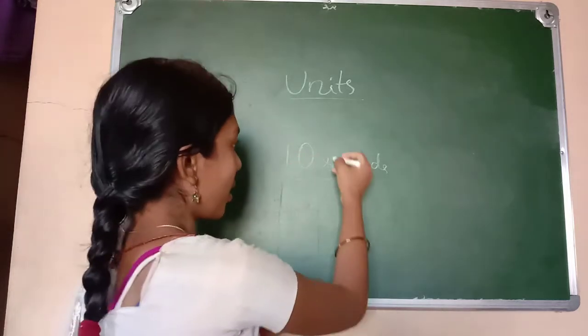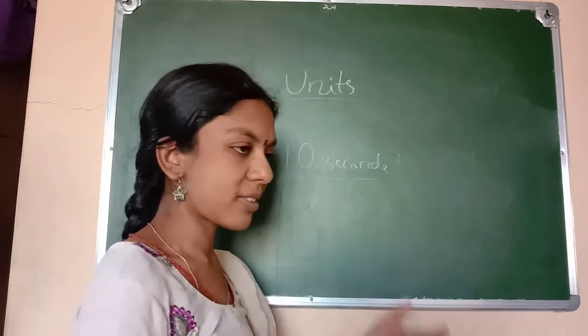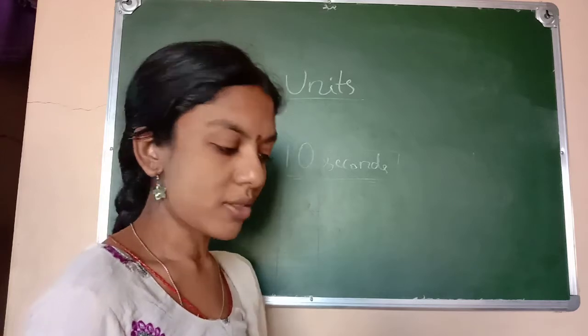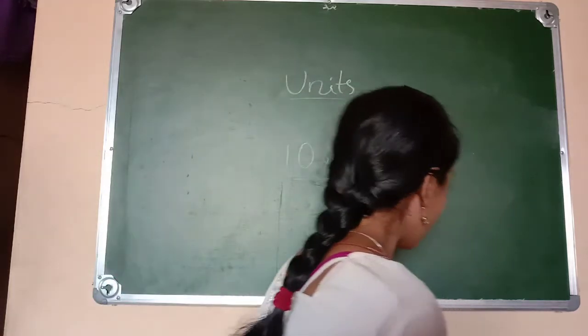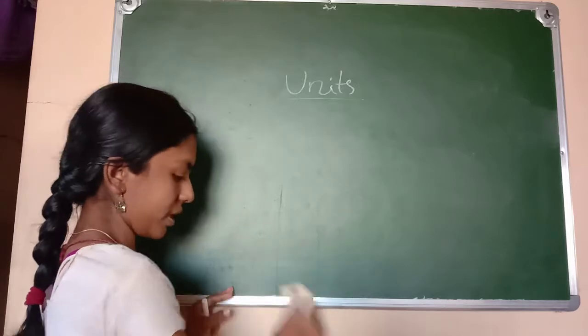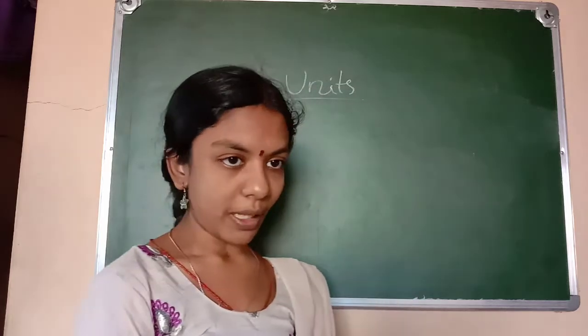So once a unit accompanies a number, you know what exactly you are defining or what you are trying to focus on. So this is the main necessity of units. But I think you all are well aware.